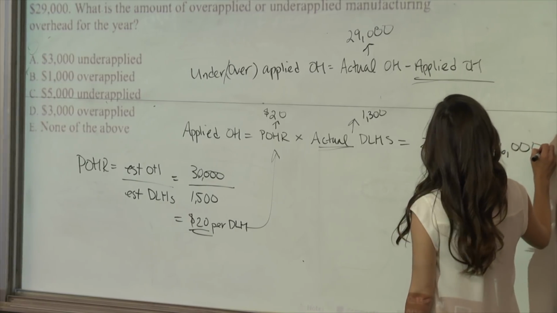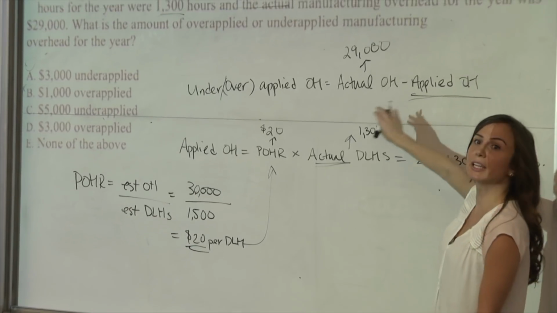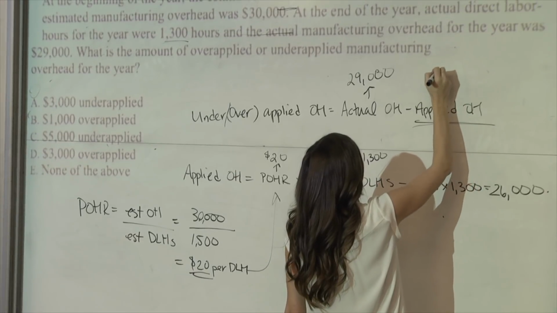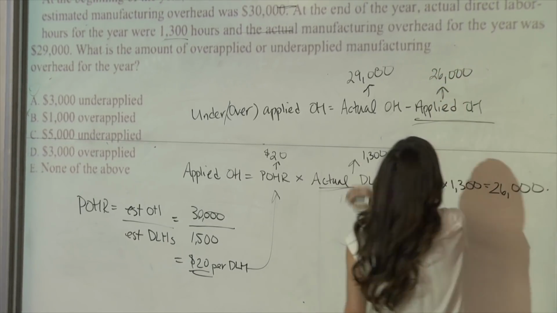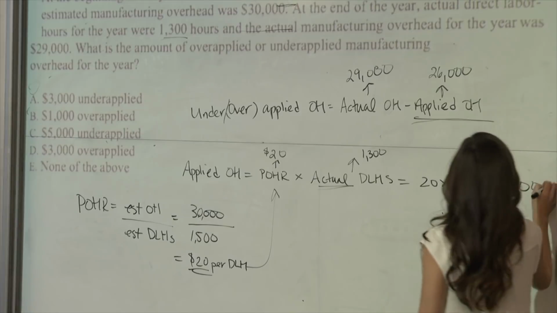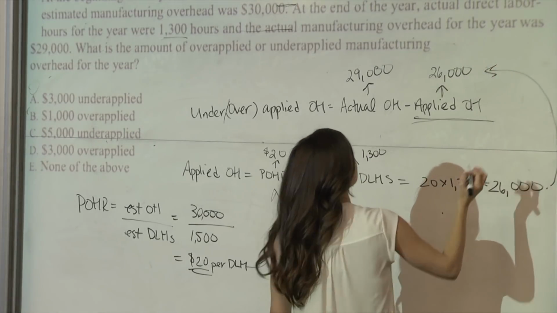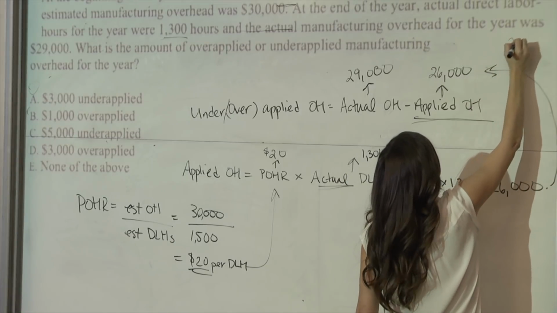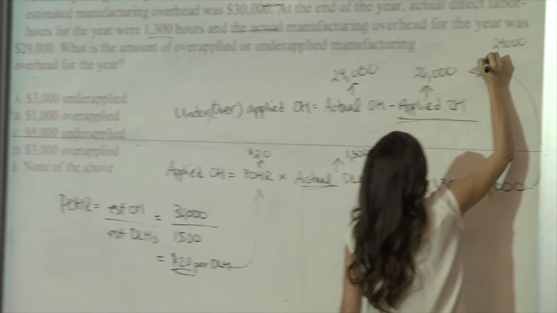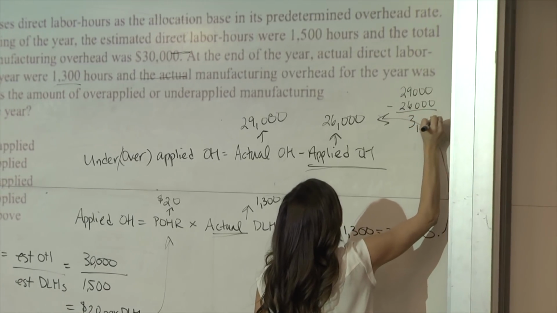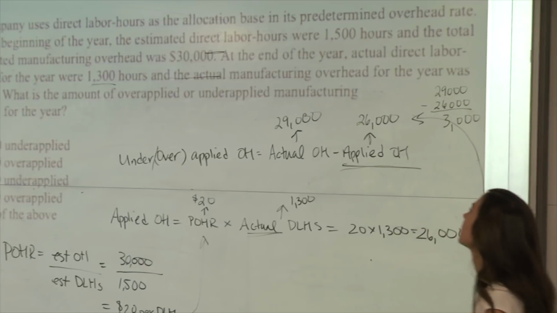Then we bring this to our main equation, which is what we're trying to figure out the whole time. Now we know what it is. It's 26,000. Okay, so we take this difference. We get a $3,000 difference.